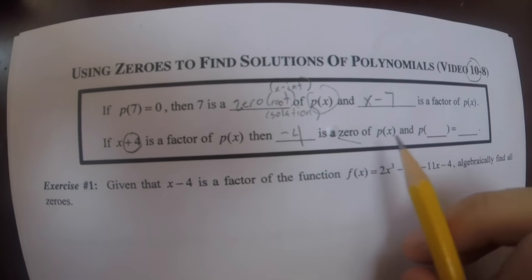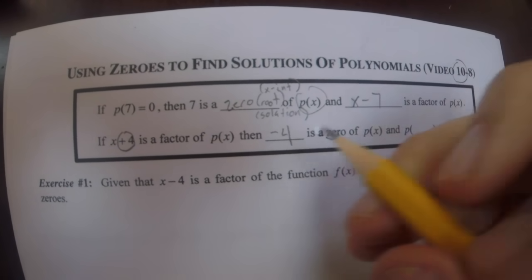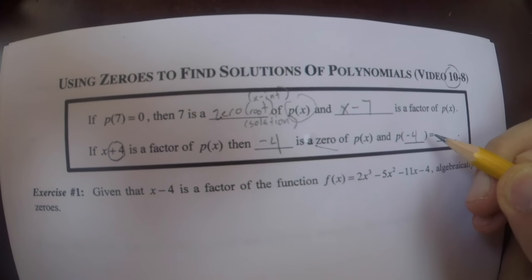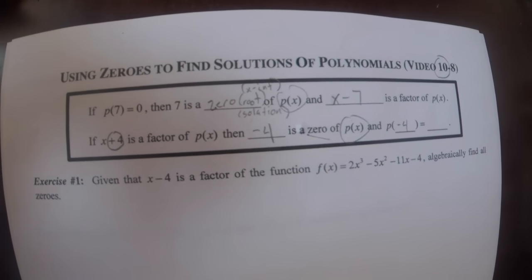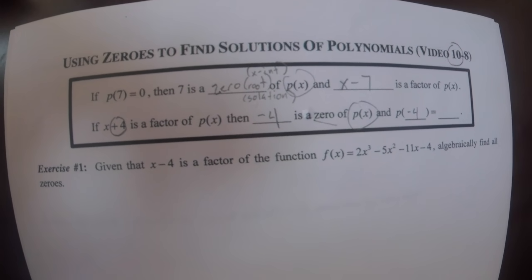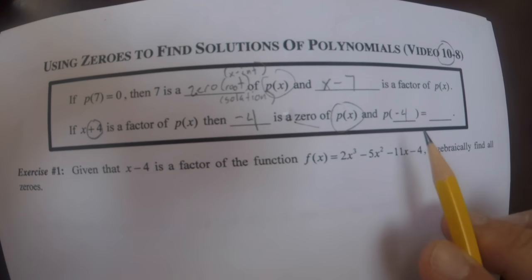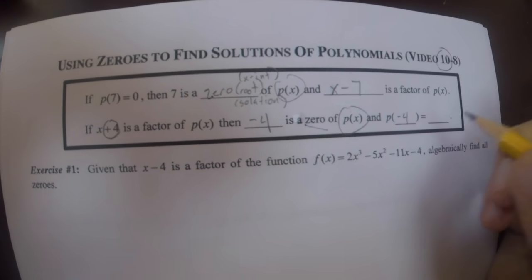Negative 4 is the 0 of p of x, and p of negative 4, what does that mean? That means when I plug in negative 4 into the function, what should I get as my output, or my y value? Well, if negative 4 is an x-intercept, when I plug in negative 4 into the function, my y is 0.